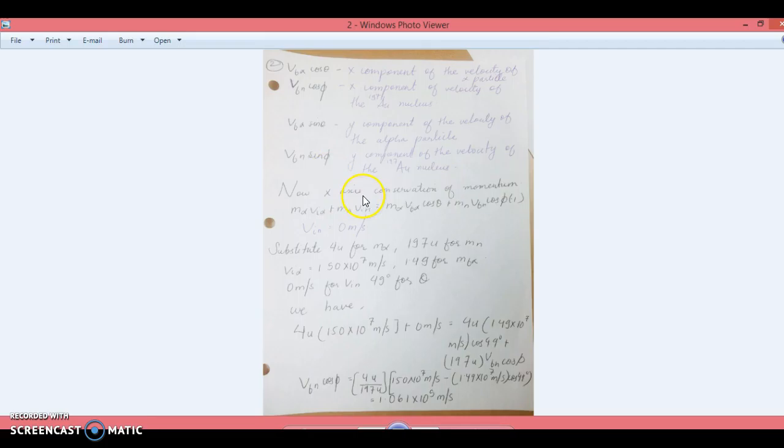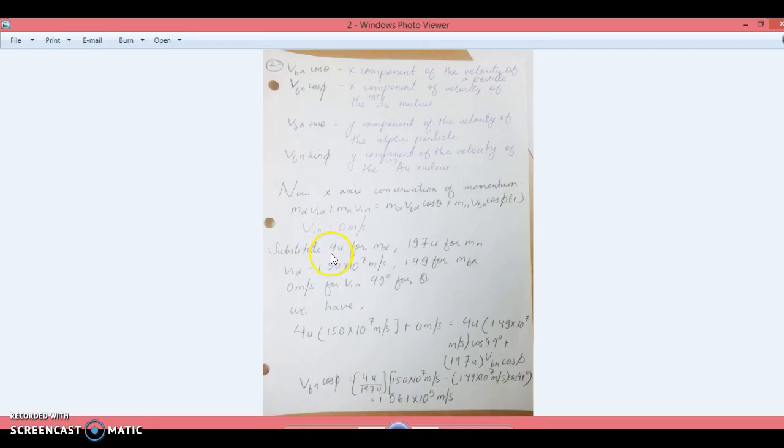Now we're going to do conservation of momentum in the x-axis. So in the x-axis, m alpha v initial alpha plus m nucleus v initial nucleus equals m alpha v final alpha cosine of theta plus mn v final cosine of phi. The initial nucleus speed equals 0.0 meters per second because initially the nucleus was not moving.